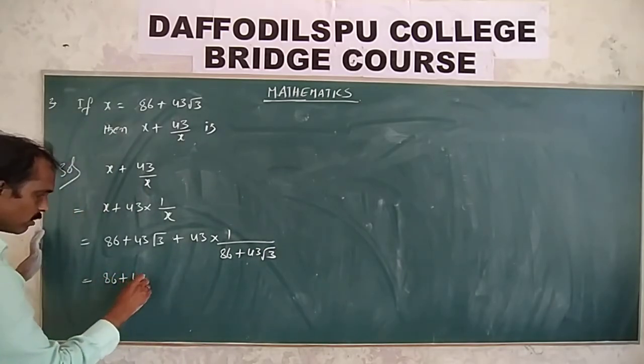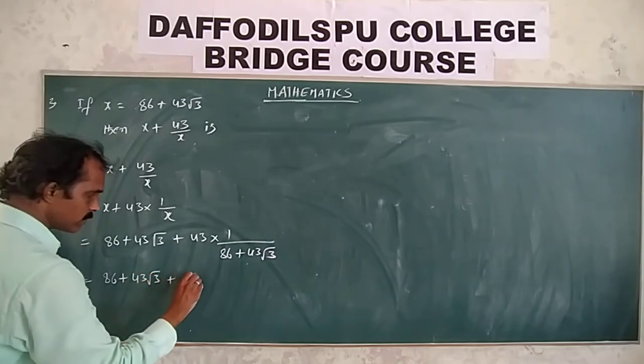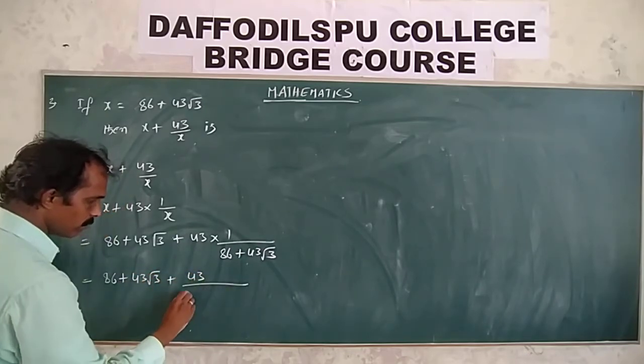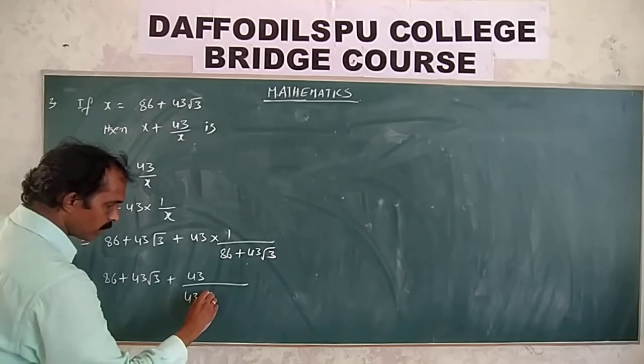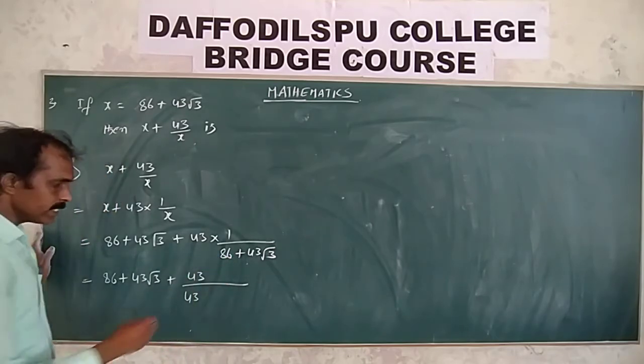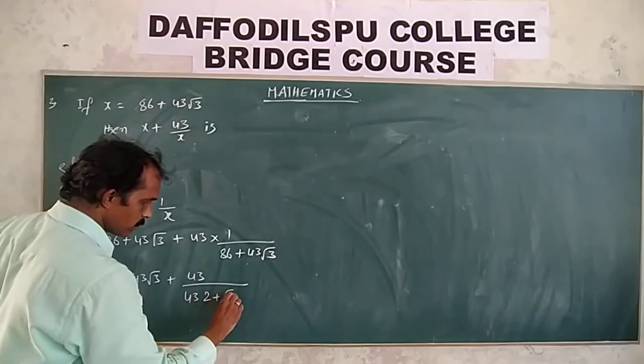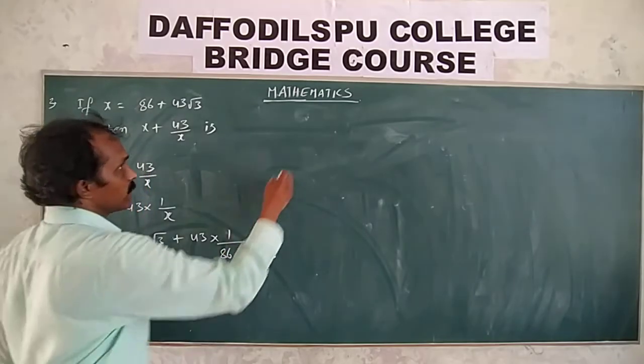Taking 43 common from 86 plus 43 root 3, we get 43 into 2 plus root 3. 43 cancel.